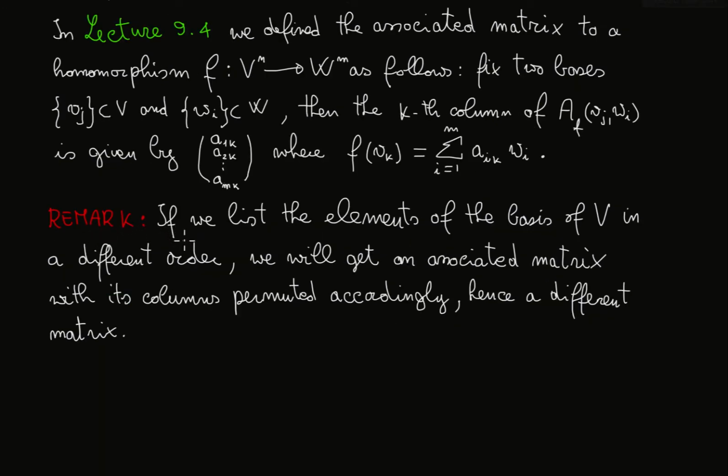Remark: if we list the elements of the basis of V in a different order, we will get an associated matrix with its columns permuted accordingly, hence a different matrix.